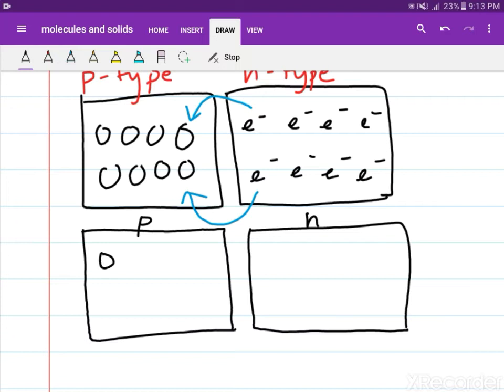So we still have our holes here, but since this electron migrated here, this p-type semiconductor, which is initially neutral, will experience a negative charge, while this n-type semiconductor, initially neutral, will now experience a positive charge.